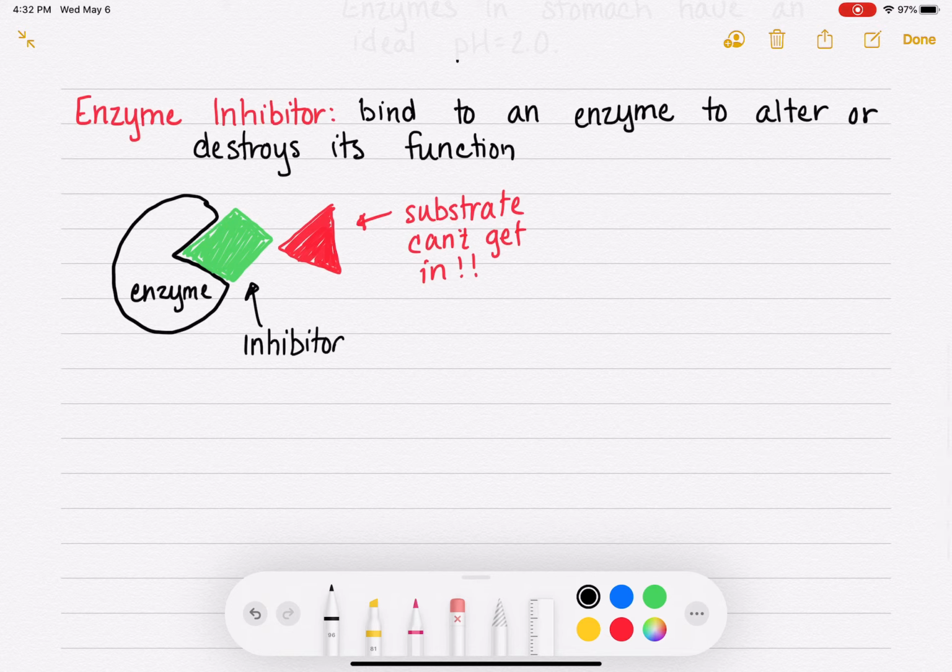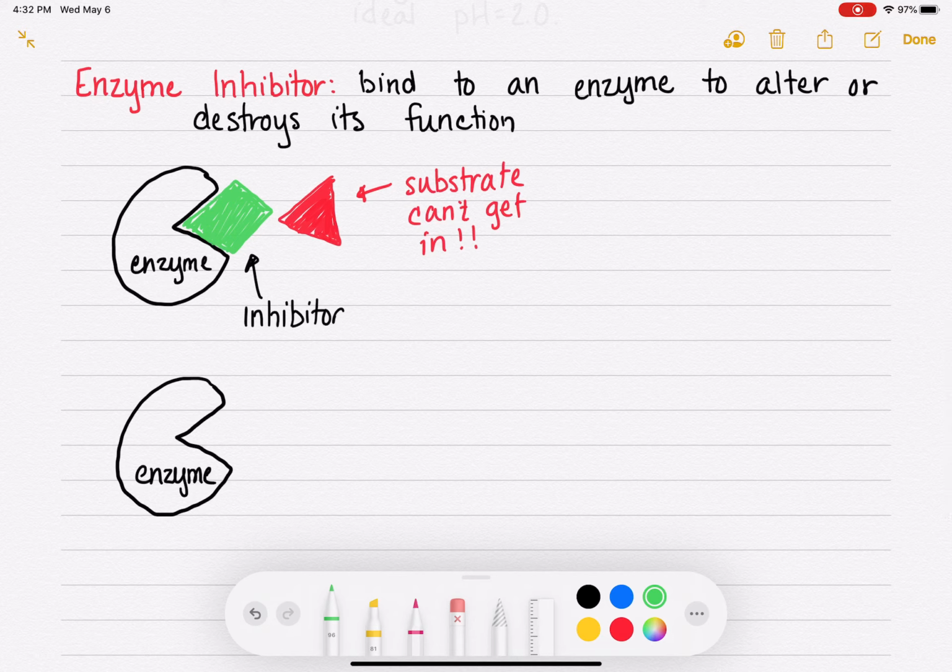Another way that we can inhibit the enzymes, let's bring Pac-Man back again. Here's our enzyme, is to have our inhibitor fit somewhere else on the enzyme. So let's say, I'm going to have to do some erasing on this picture. Let's say that we have an inhibitor that comes and squishes itself right up around here.